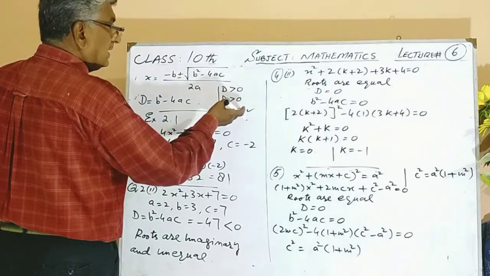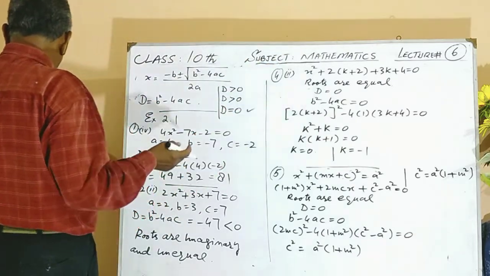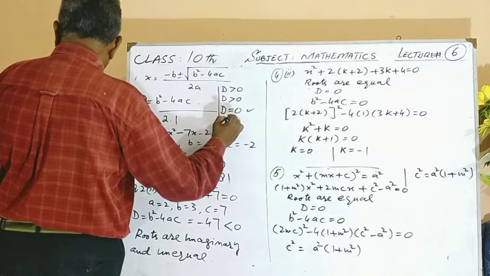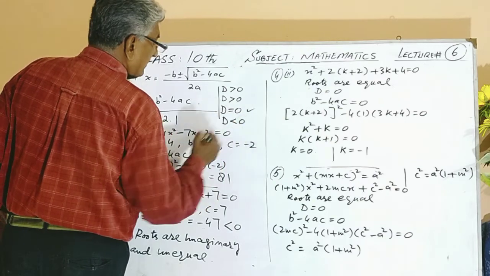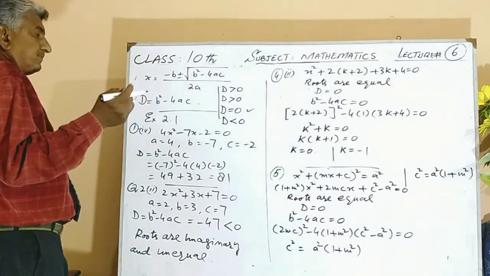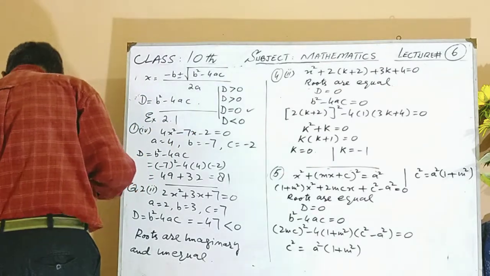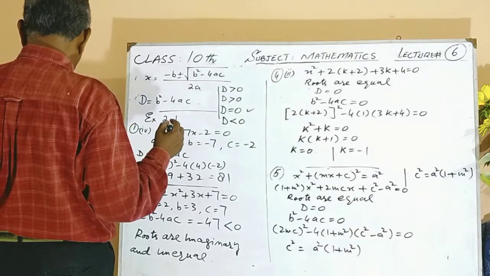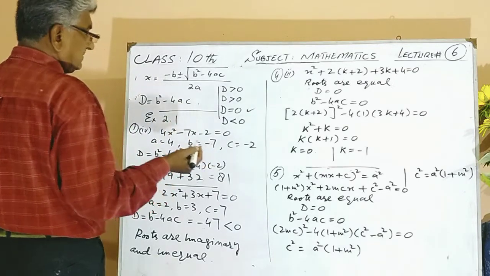We will use this property in many other questions of this exercise. In the fourth property, if d is less than 0, meaning negative, in that case you will say that roots are imaginary. Roots are imaginary or complex.